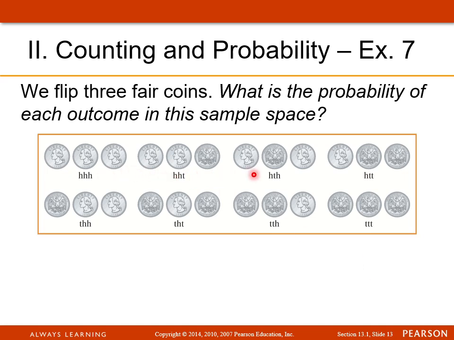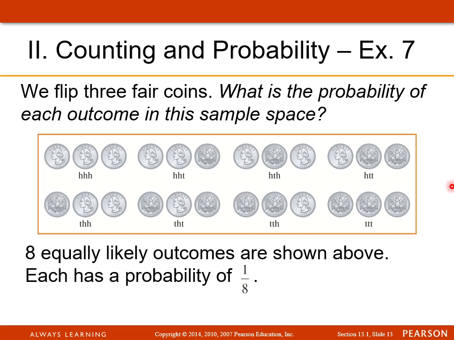And you'll notice if you count those up, we have 8 different possibilities. So that would be our sample space. So again, you could use your fundamental counting principle, 2 times 2 times 2, or 2 to the 3rd power is 8 to get your sample space. So each of these outcomes are just as likely, so each has a probability of 1 in 8.